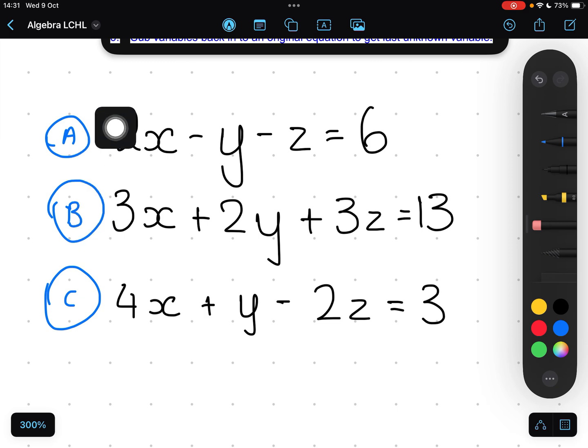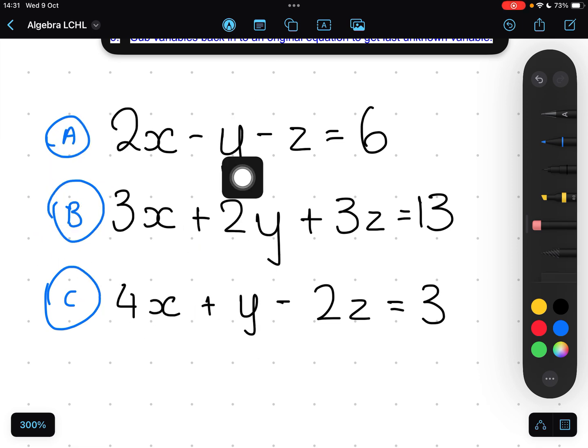Okay, looking at these three equations here, the x's. If I was to look at these two equations together, would it be easy to get the x's to have the same number in front? No, because I'd have to multiply this line by something and this line by something. Likewise, these two equations together wouldn't be super easy. These two, if I was trying to get the same coefficient in front of the x, it would be okay, but it's still not super easy.